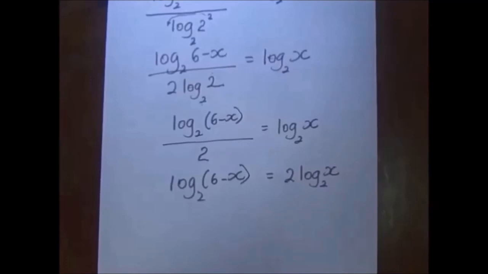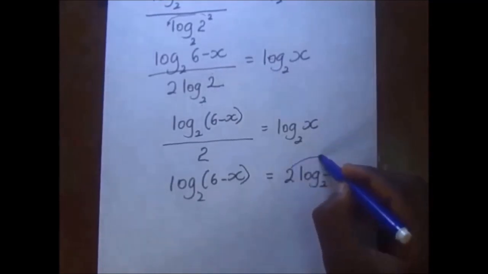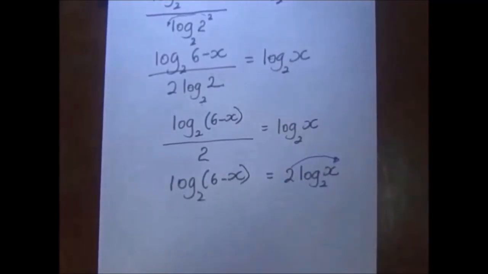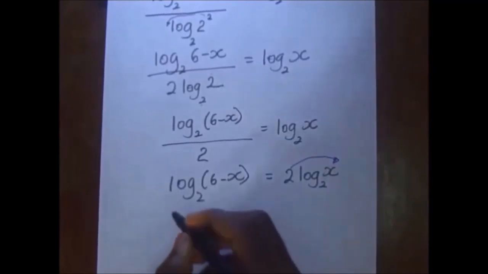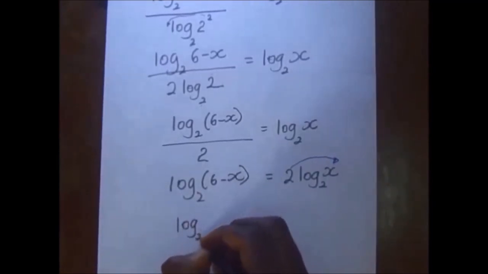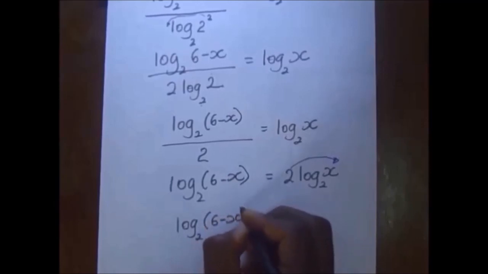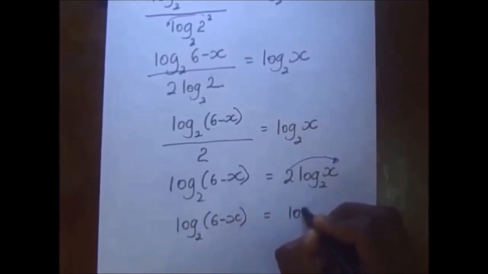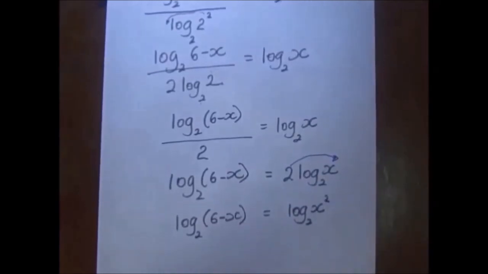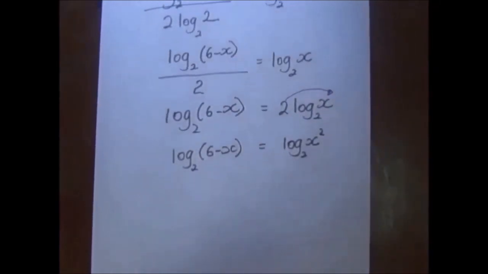So by our law still, this 2 can shift to that power. When it shifts there, you will remain with log of 6 minus x giving us log base 2 of x squared. Now what do we see here?